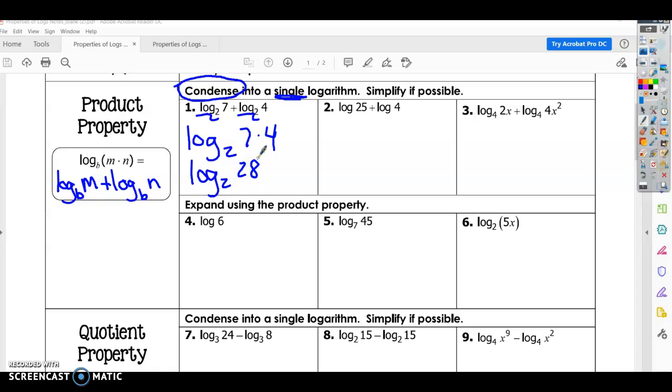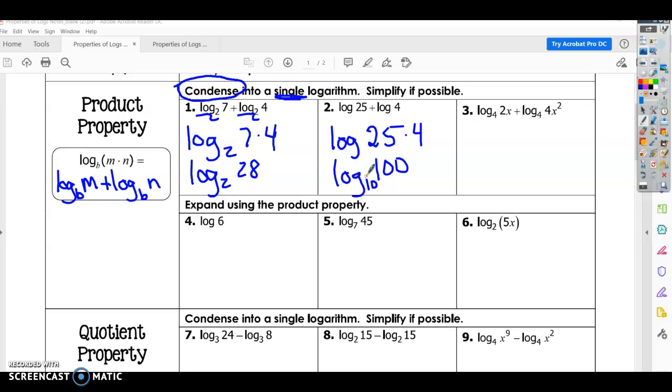Either way would be acceptable, and you will see it both ways sometimes. All right, so all of these are going to work kind of the same way. So this one's going to be log of 25 times 4, or log of 100. And again, if you want to have a base, you can put base 10, but when there's no base, it's assumed to be base 10.